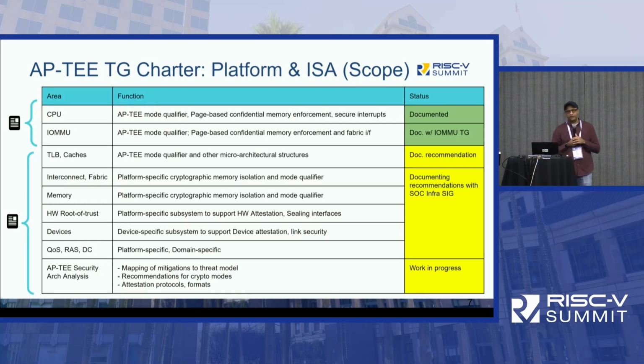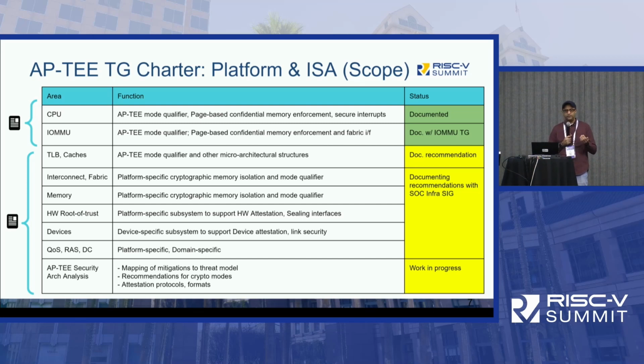But there are a bunch of other things that we need to capture as well. We called these out in the TG charter discussions, and these will end up being more recommendations. For example, the top two might be things that we work on with the privilege ISA TG to figure out how we specify the APT mode qualifiers that we need over and above the H extension.